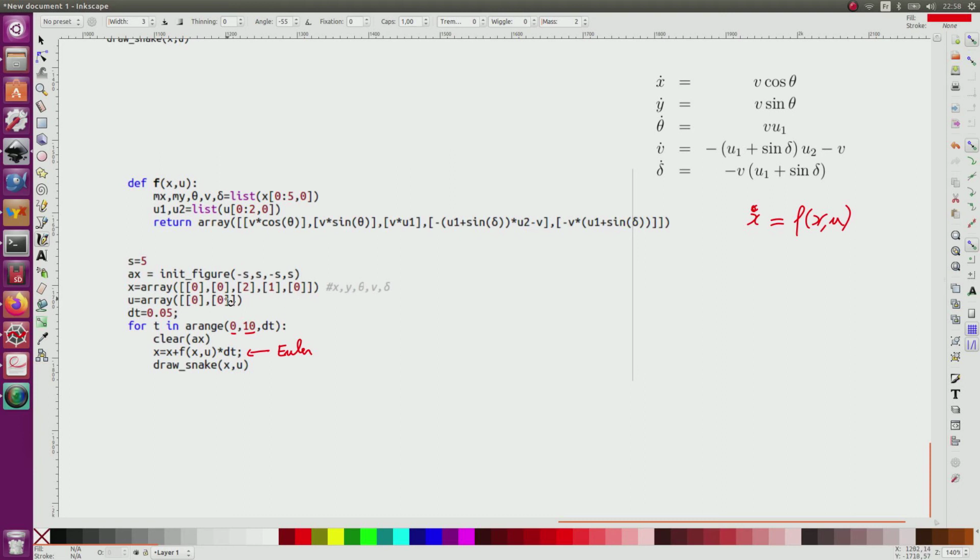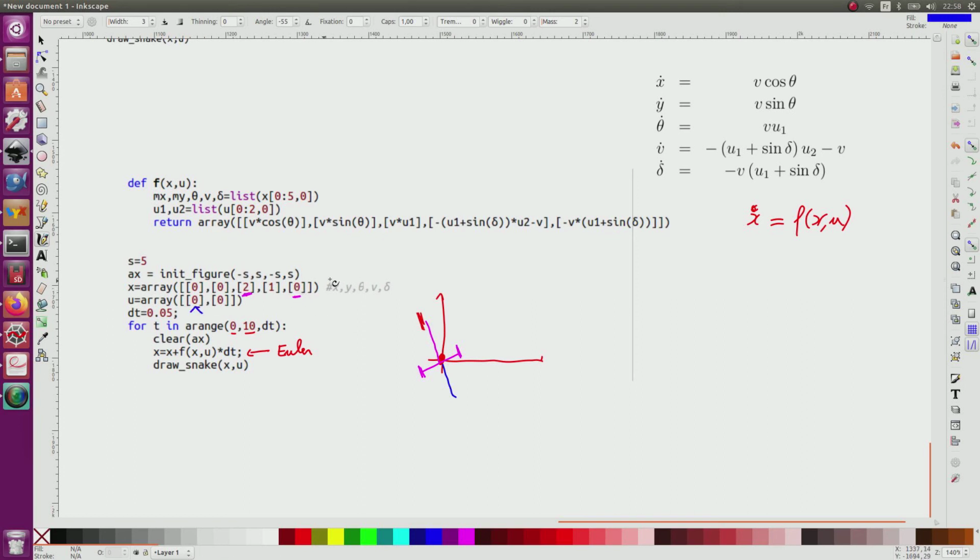The initial condition is given here, so it means that my robot is something like this at position 0, 0. It will be with an angle theta, so the front sledge will be like this, due to this 2 radians. Here I have an angle 0 for the front wheel, so the front wheel will be like this, due to beta, due to the fact that here I have 0.